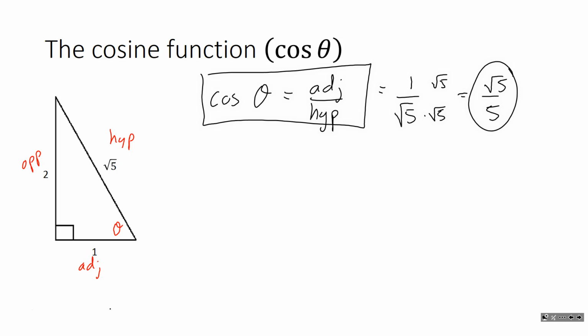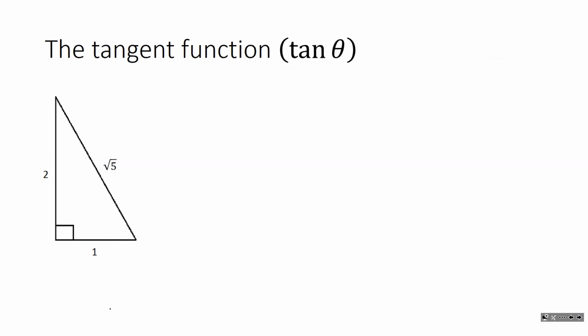And now for the third function, the tangent function, abbreviated TAN. Let's for now let these things be the same. Again, the side across from the right angle is the hypotenuse, the side across from the angle is the opposite, and finally adjacent.